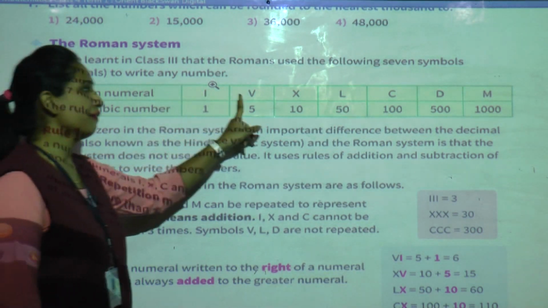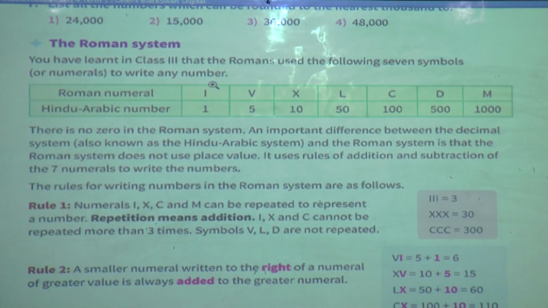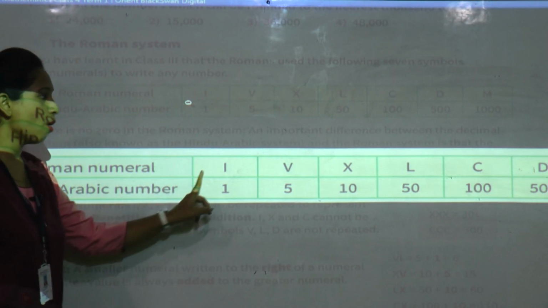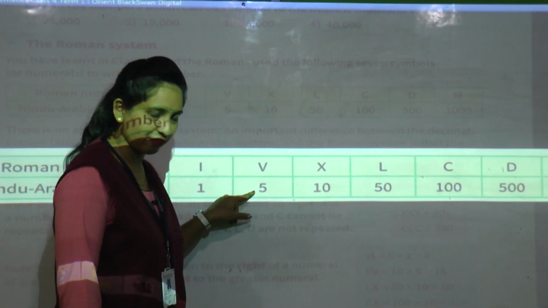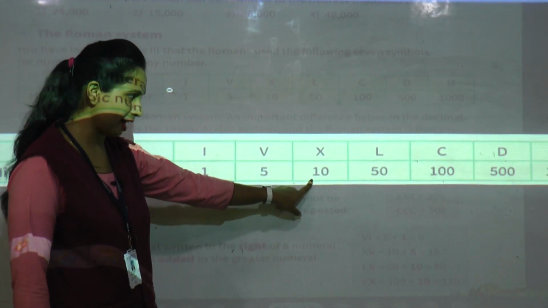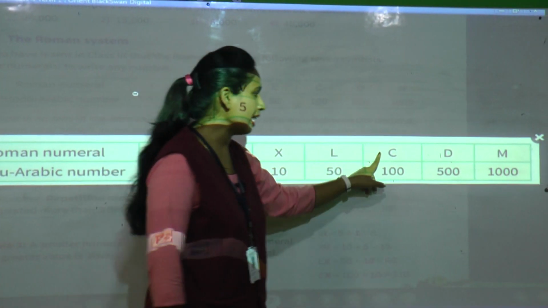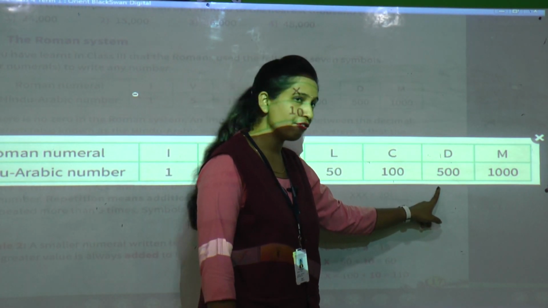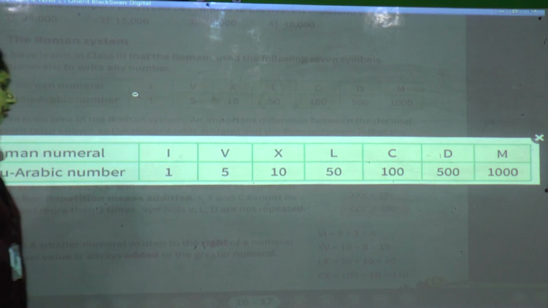I, V, X, L, C, D, M. Specially we use these 7 alphabets to write Roman numerals. I represents 1, V represents 5, X represents 10, L represents 50, C represents 100, D represents 500 and M represents 1000.